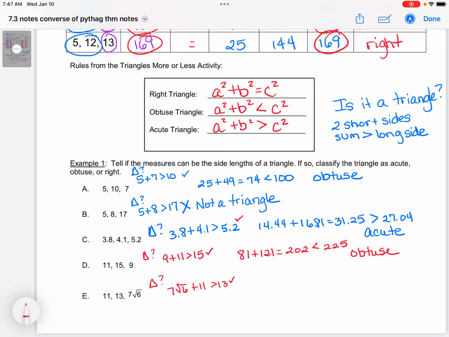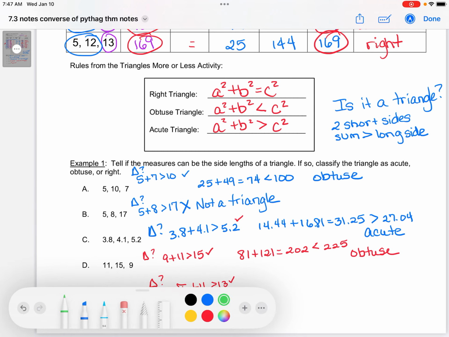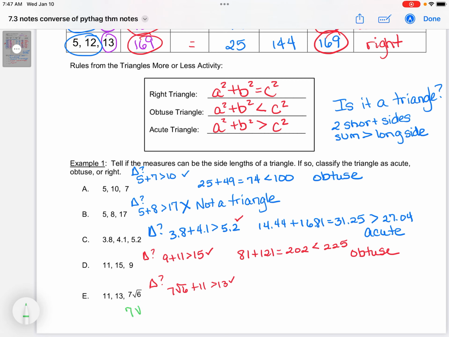So that's more than 13. So let's figure out squaring. Remember that we did this before. 7 square root 6 squared is 49 times 6, which is 294.